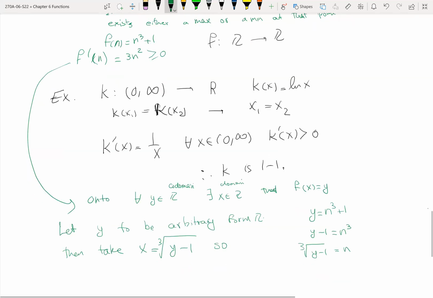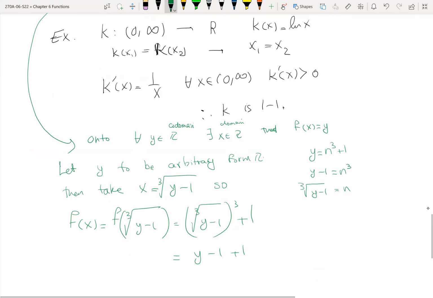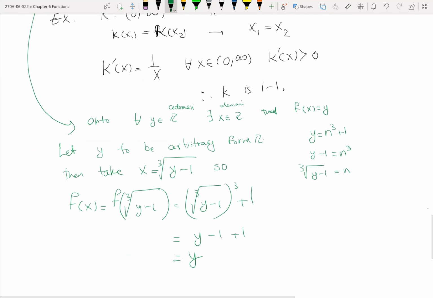So f of x is f of the third root of y minus 1, which is the third root of y minus 1, to the power of 3, plus 1. That is y minus 1 plus 1, which is y. So that's proved, because the inverse exists; whichever number I choose for y, there exists an x that is the cube root of y minus 1.